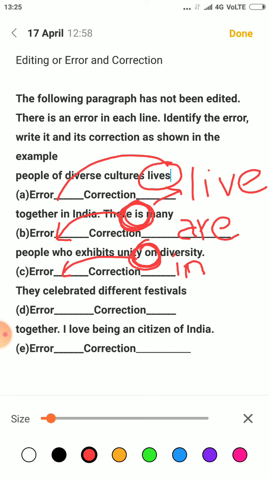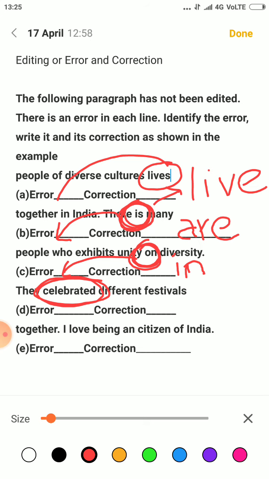Now next question. They celebrated different festivals. So see, you have to go through the first sentence, second sentence, and the third sentence. All the sentences are in the present tense, but here celebrated shows past tense.